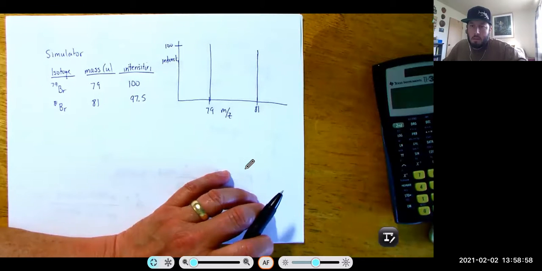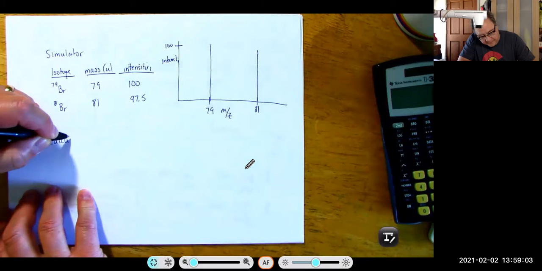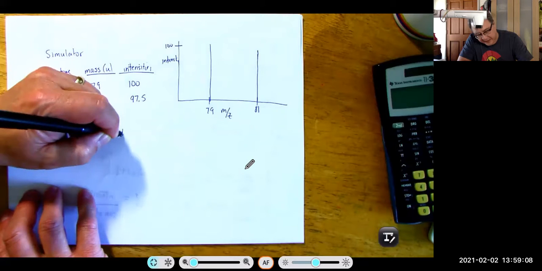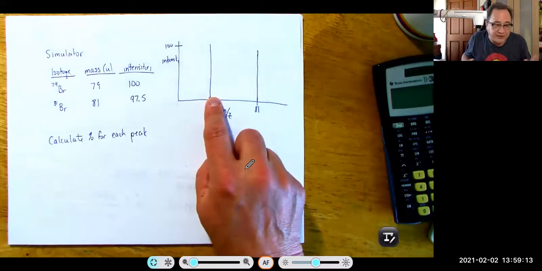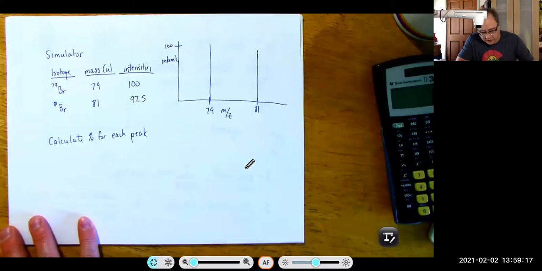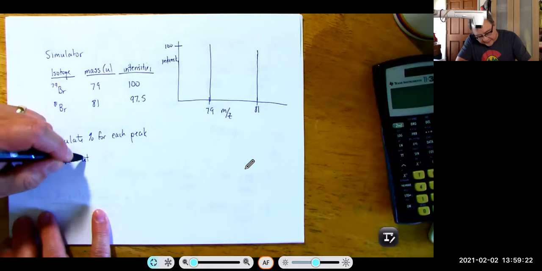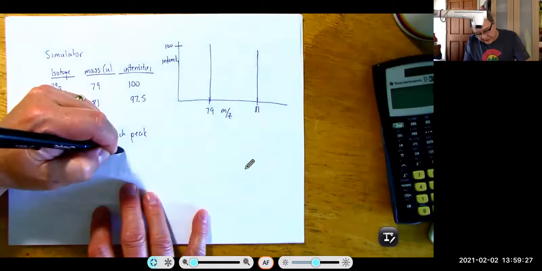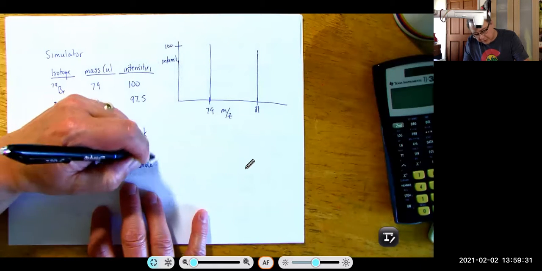I'm ready. Great. So now we're supposed to calculate the percentage for each peak. And I don't know if I said this before, but these lines here are called peaks, but also signals. Okay, so let's look at the peak at 79. So remember, percentage is part over whole times 100%.